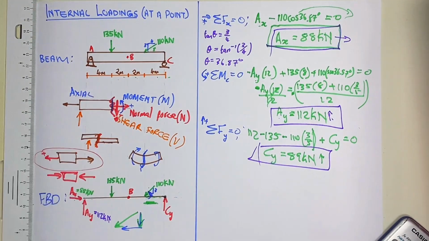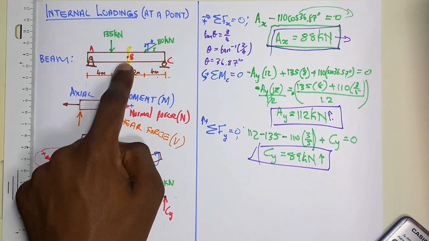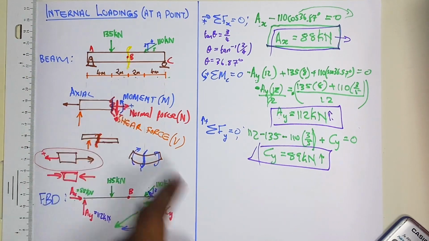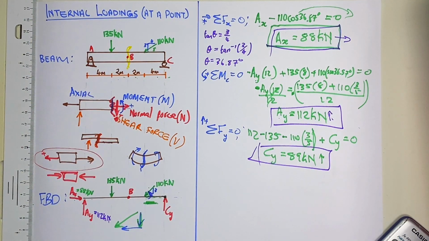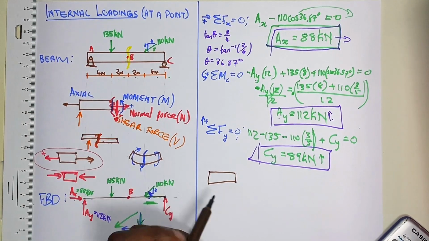The first thing I'm going to do is cut my beam at that point where I'm looking for the internal forces. So I'm going to have just that section. Let's take the section of AB.